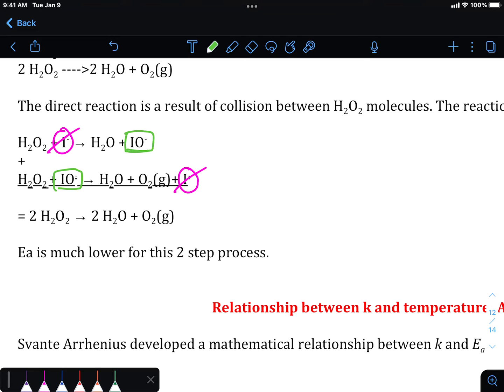That's called hypoiodite, IO minus. It is the product of the first mechanism step, and it is a reactant in the second mechanism step, and algebraically it is eliminated. Right? So this is the definition of an intermediate. Intermediates do not appear in the overall equation, because they are canceled.